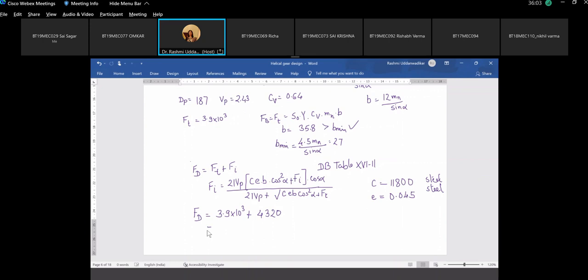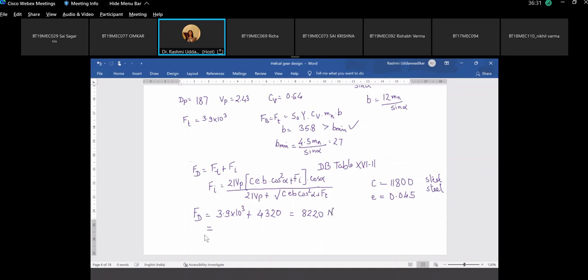Give me the value of FD, and what do we compare this with? This is 8220 Newton.